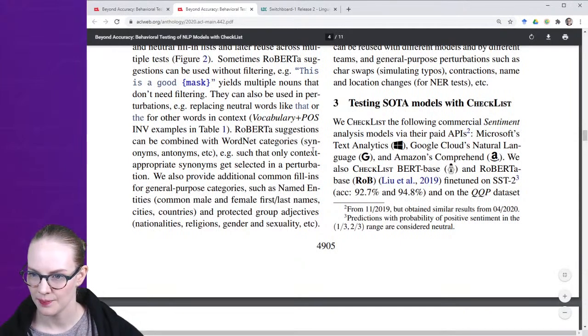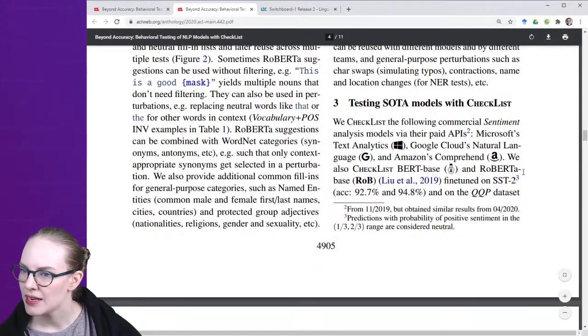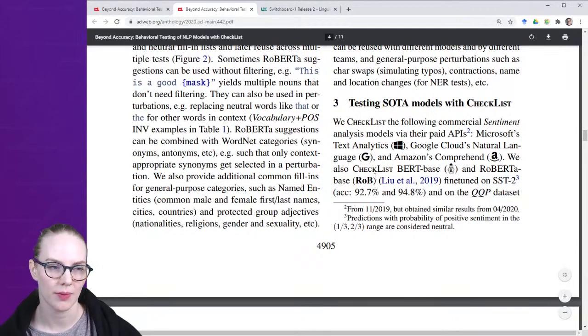We also checklist BERT Base and RoBERTa Base, Liu et al. 2019, fine-tuned on SST-2 from November 2019, but obtained similar results from April 2020. So this is when they ran all of these tests, and then they checked them 5 months later after they'd submitted the paper and it had been accepted, I'm assuming.